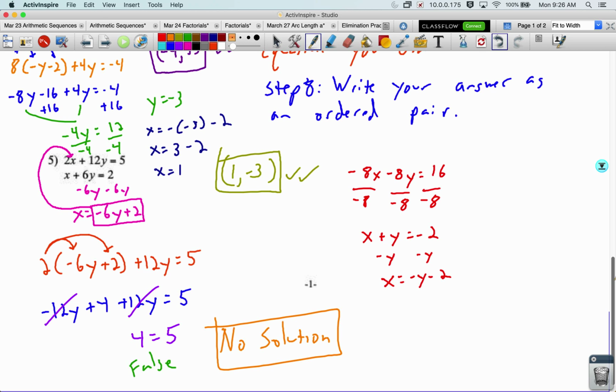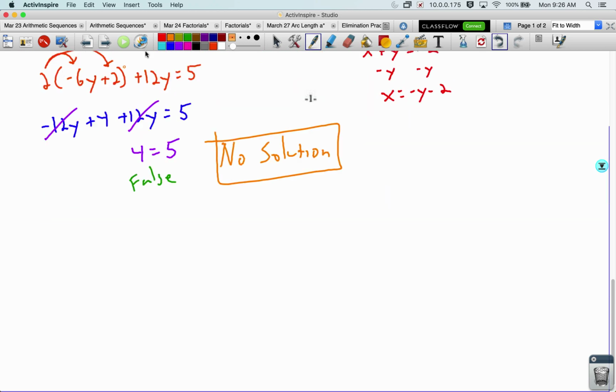All right, and if we want to make a note at the bottom of our page for that, something like 1 equals 1 is true, and that means infinite solutions. If I get something like 0 equals 1, that's false, and that means no solutions.